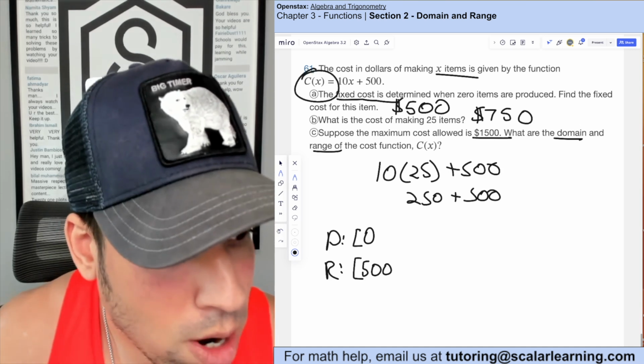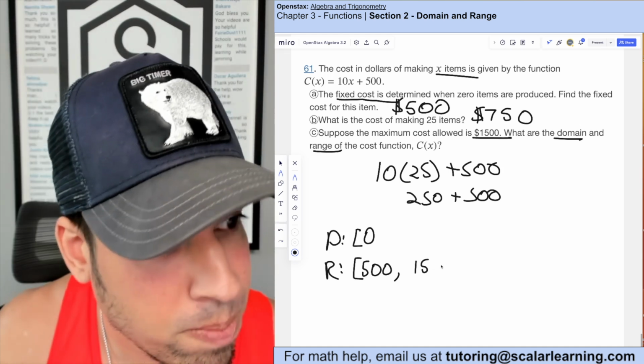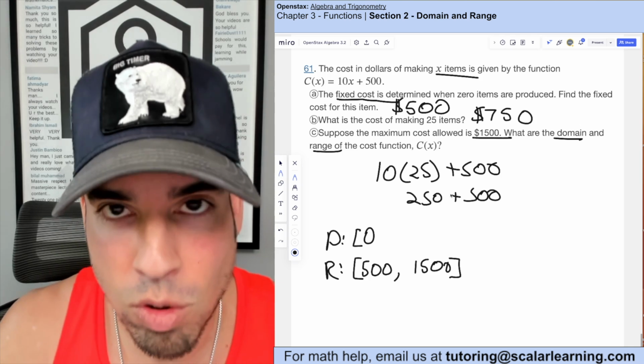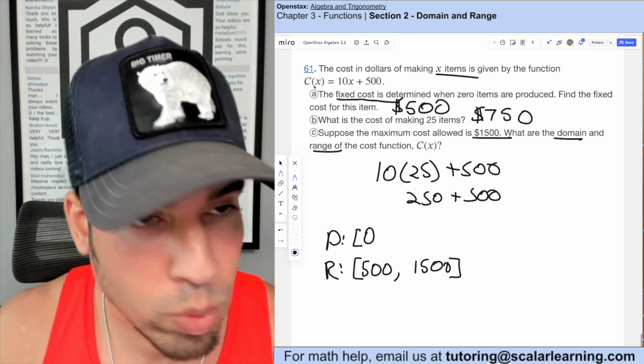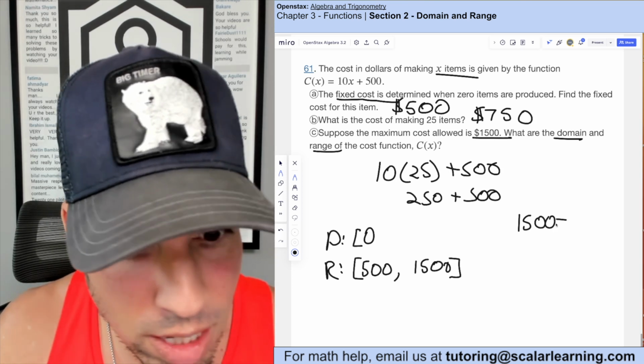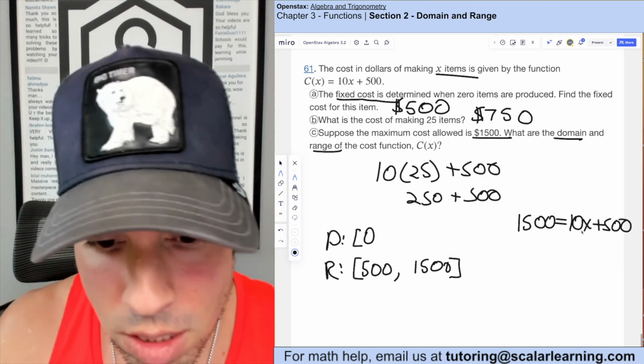Then it's telling us the maximum cost is 1,500. That is the y value. That is the range value. So I already know my max value for range is 1,500. And we're going to include that. But now the question is, what is x when we get a max cost of 1,500? So I'm going to do a little plug and chug. 1,500 equals 10x plus 500. And I want to know what this value of x is.